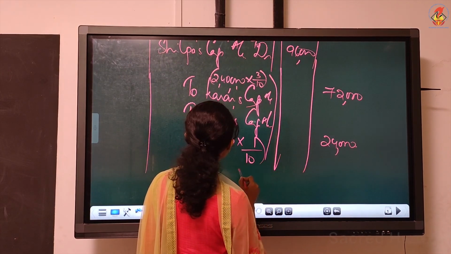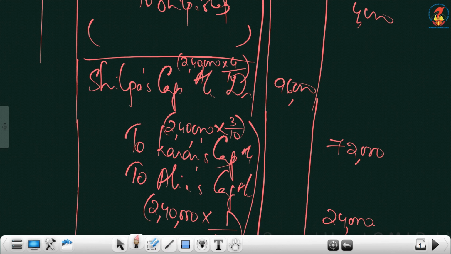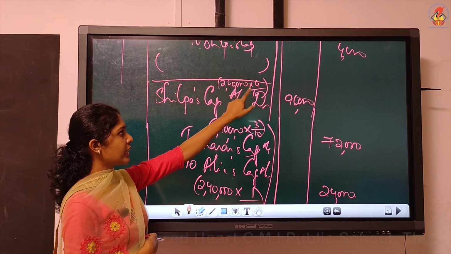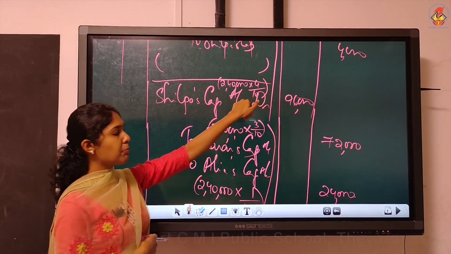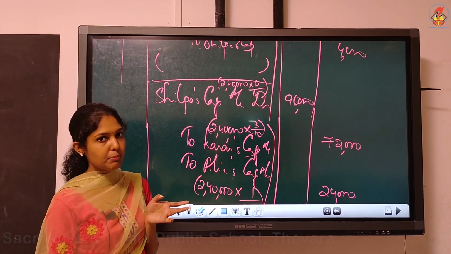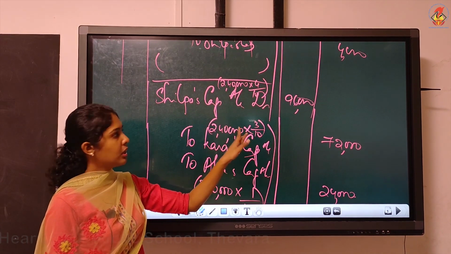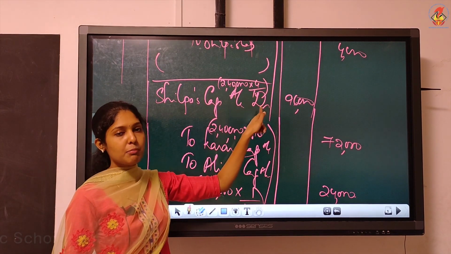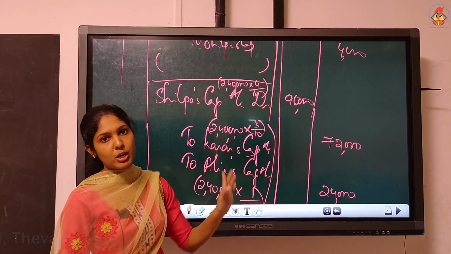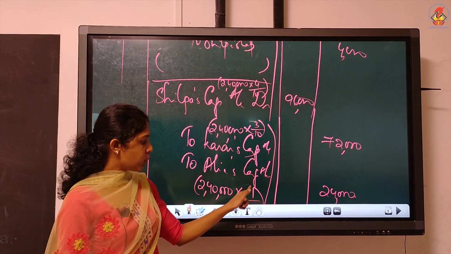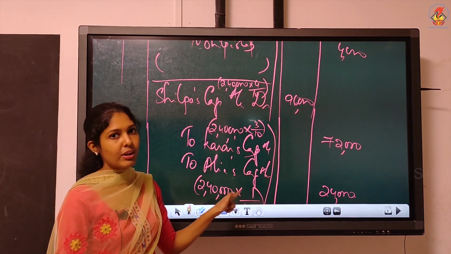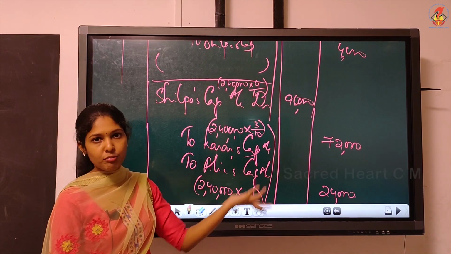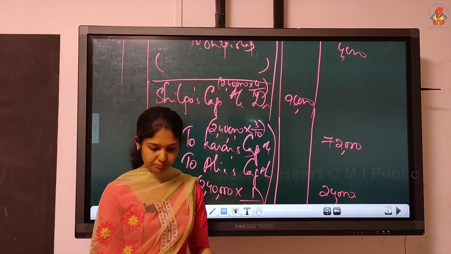So either you can just add the credit sides and write, that is easy, or else this way also is fine: 2,40,000 into Shilpa's gaining proportion. Why the gaining proportion? Because Shilpa is the gaining partner. Don't do 2,40,000 into Shilpa's old proportion. You must take her gaining proportion because she is getting debited, because she is gaining. Here, why did we credit Alia with 1 by 10? Because that is her sacrificing proportion, not the old proportion. And Karan is the retiring partner. His share we have to take from the old ratio. That's the only option.